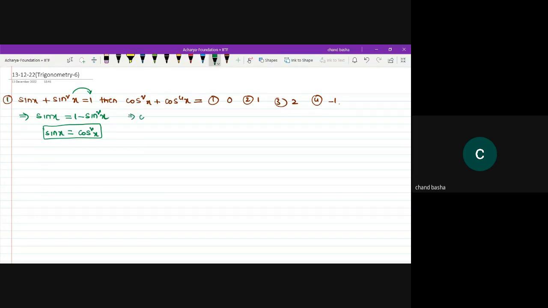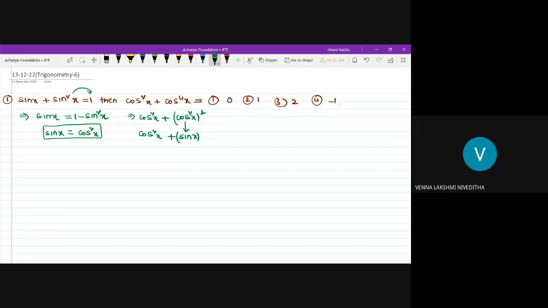It is cos square x. I can take cos power 4 as cos square x whole square. As you said, cos square x I can keep as it is. For cos power 4, instead of cos square x, can we take sin x? Yes, sir.